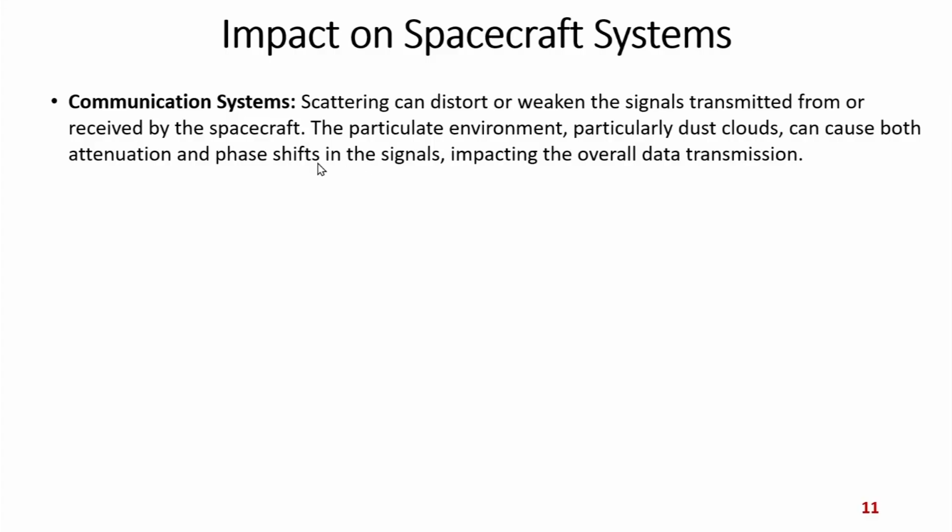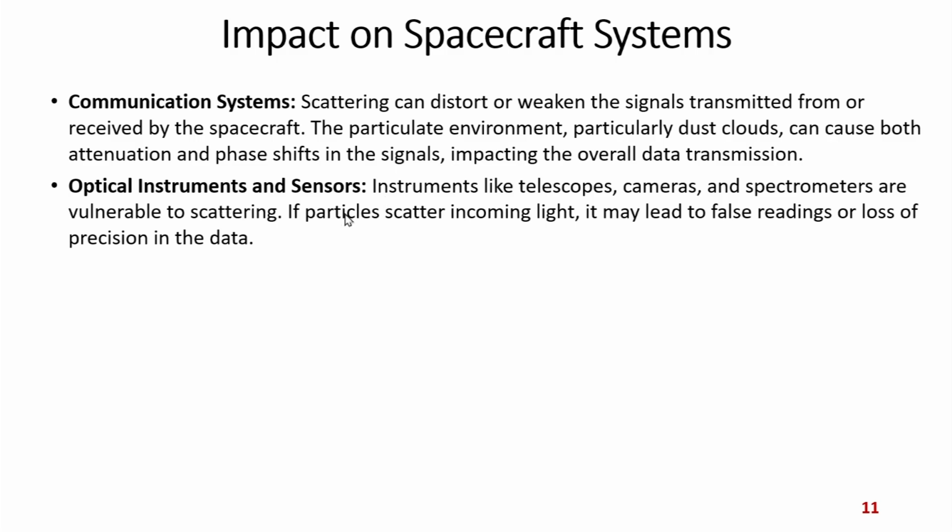This type of scattering can change the signal amplitude, attenuate the signal, as well as change the phase of the signal. If the phase and the amplitude are changed, the information contained in those signals, especially digital signals, will be impacted. Then getting the information at the receiver, whether on the spacecraft or on the ground, becomes a challenging task. So, it can impact the overall data transmission.